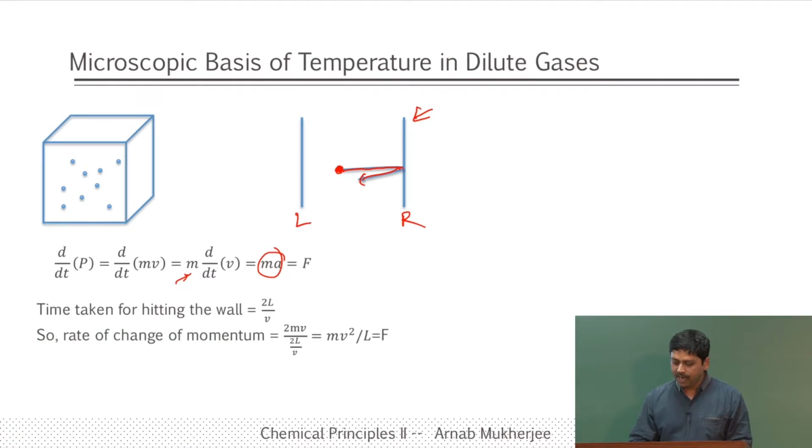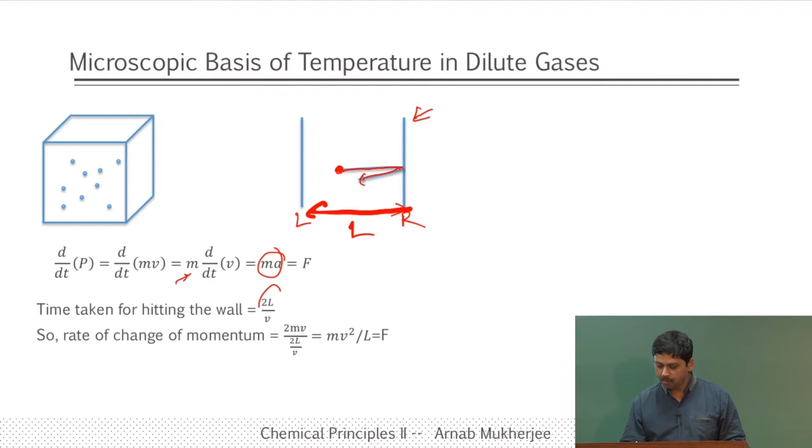Now, you can also calculate how much time it will take for the particle to change its momentum. If the length of the box is L, and taking all the velocities to be the same, v, then the time taken to hit the wall and return will be 2L by v.